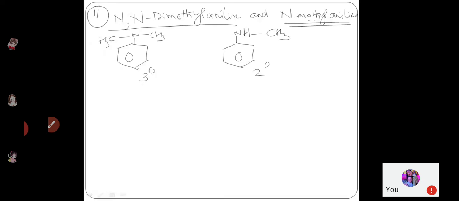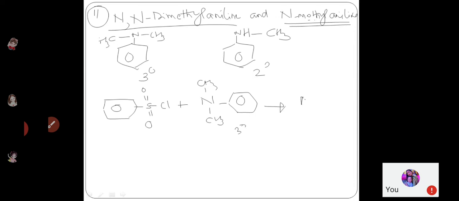Remember the way of writing it, then identification and writing down the product becomes easy. First, with the 3 degree amine, N with CH3, the reaction will not occur. So since this is 3 degree, no reaction. This is the observation.